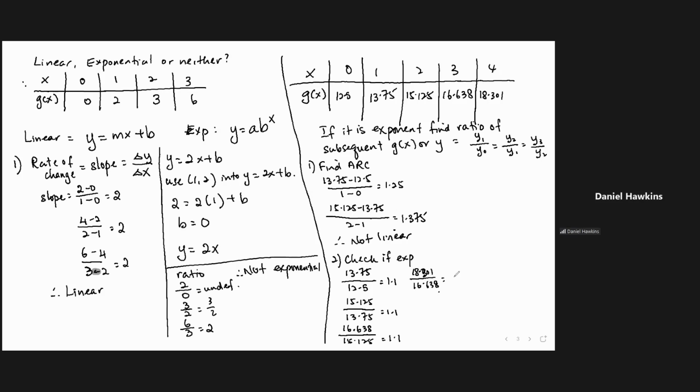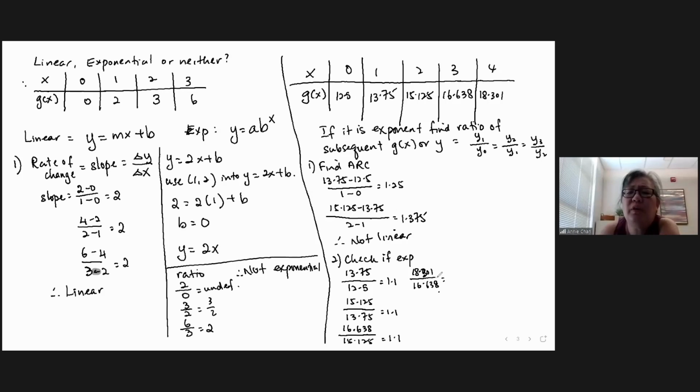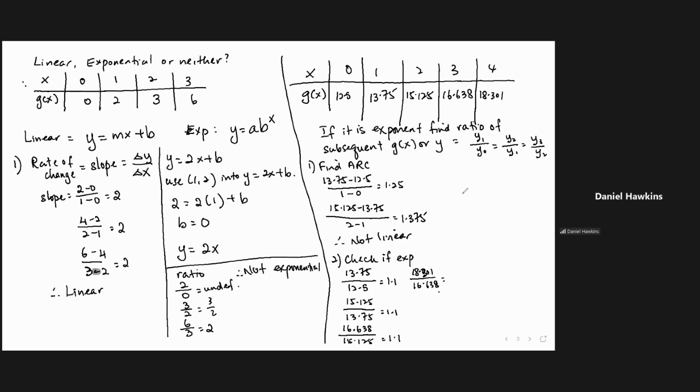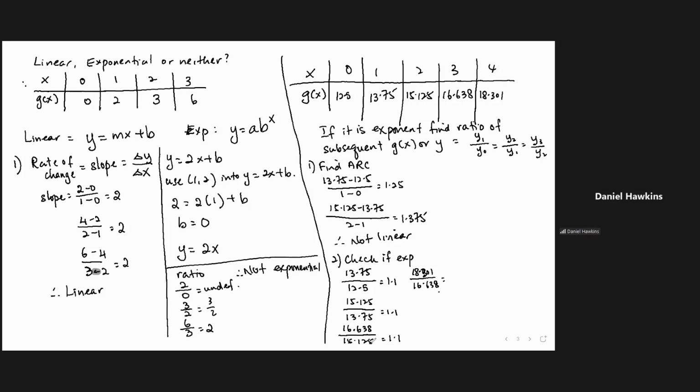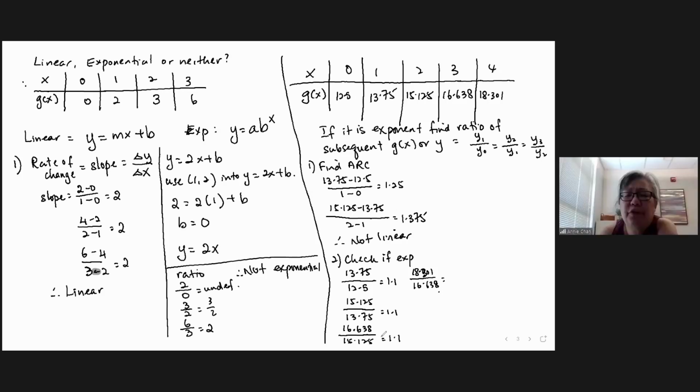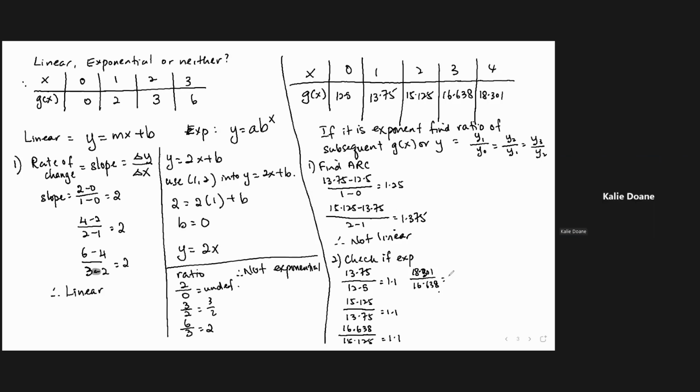What is it? It's 16.638 divided by 15.125. Then this last one is 18.301 divided by 16.638, and it would round to 1.1.